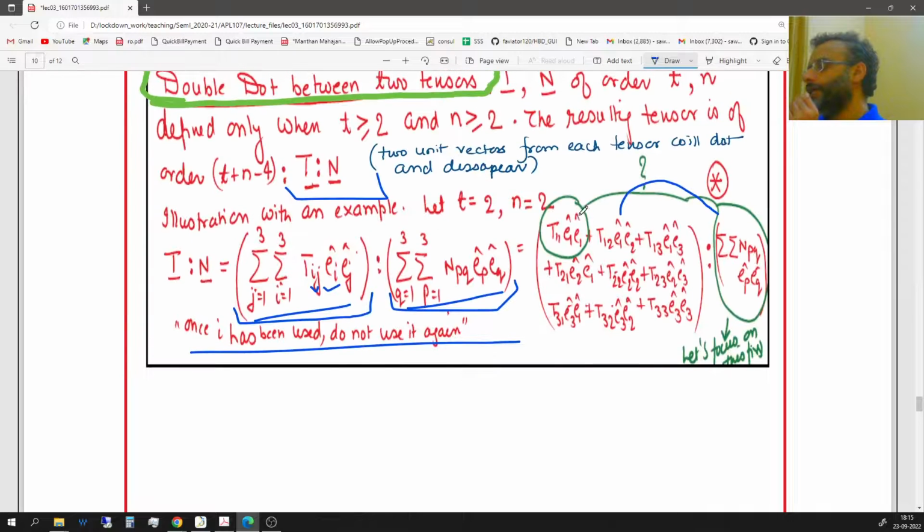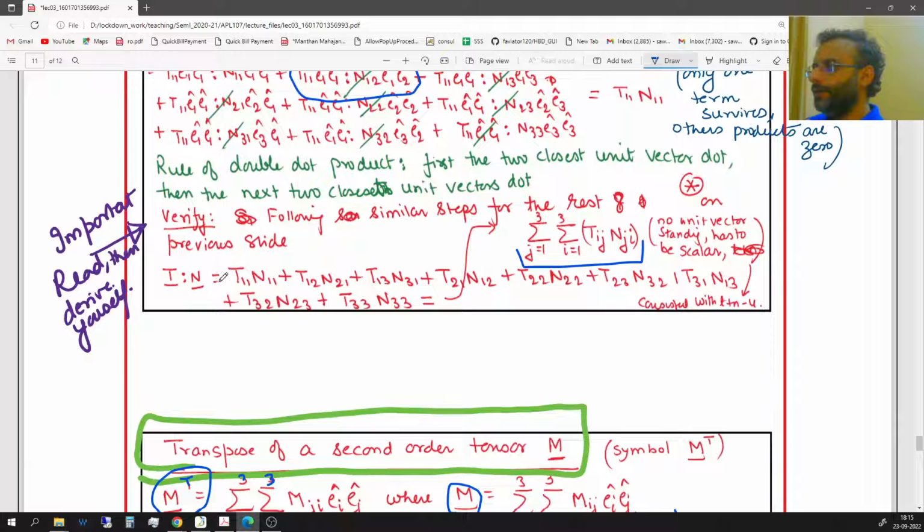So eventually, when you put together all those survivors, you will have 9 survivors, which are written here. After getting all these 9 survivors, you can look at the way their indices are changing, and you should be able to write the full expression using sigma notation, in which you will have 2 summations again, and inside the summation you will have Tij Nji.